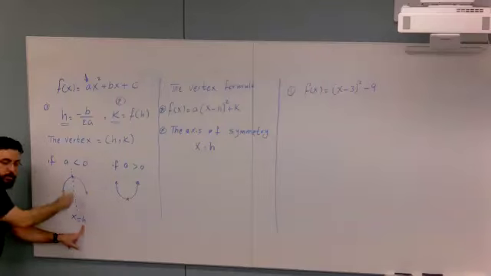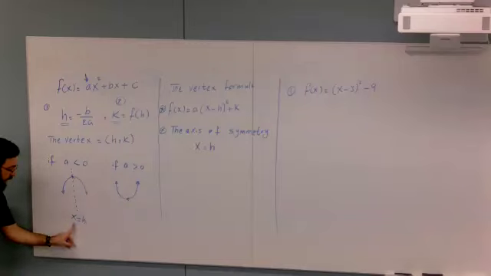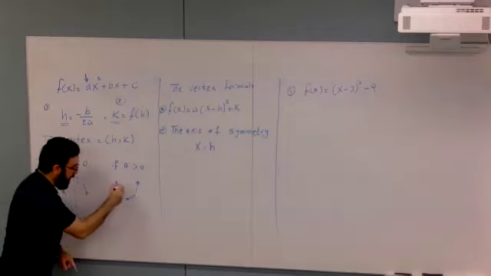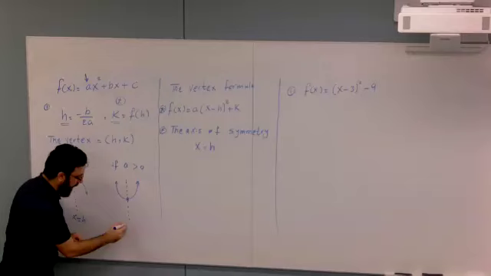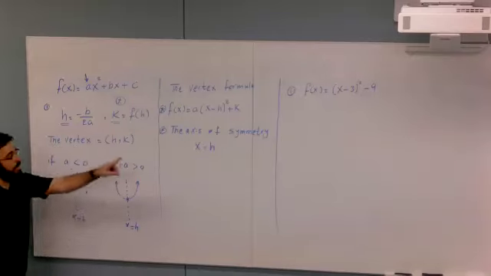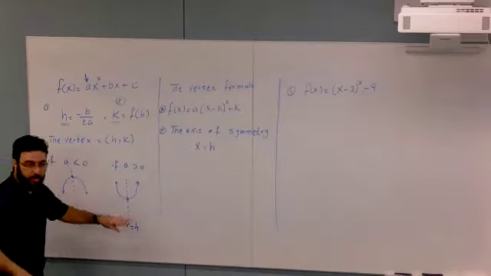It divides the graph into 2 halves, symmetric. Remember that? How are we going to find h? From the formula. The axis of symmetry makes the graph symmetric at x equals h. That's what I'm going to ask you also. Is that okay so far? Any further example?